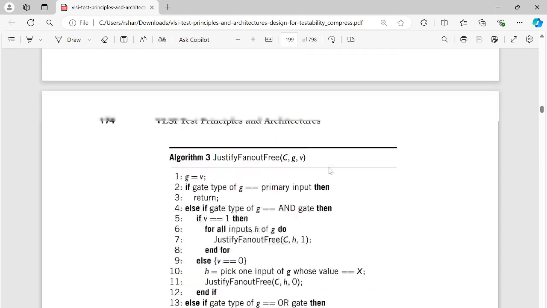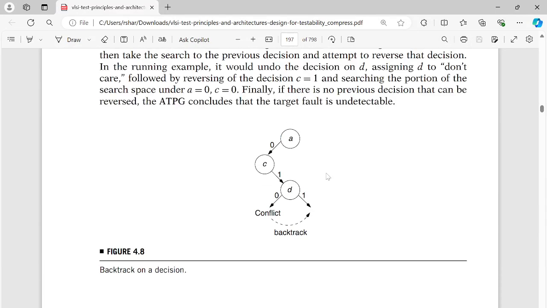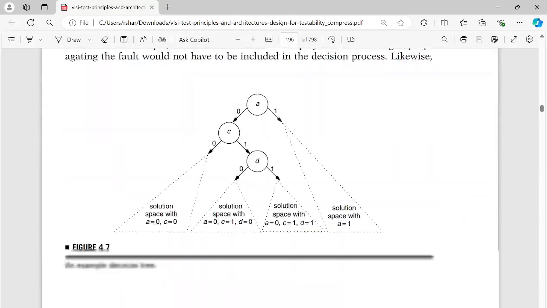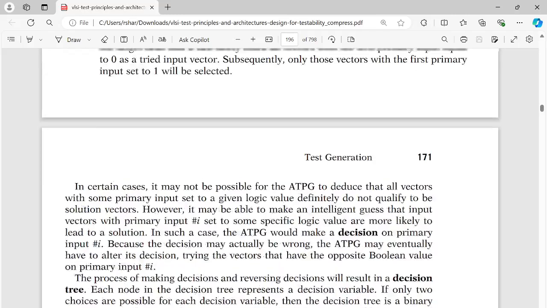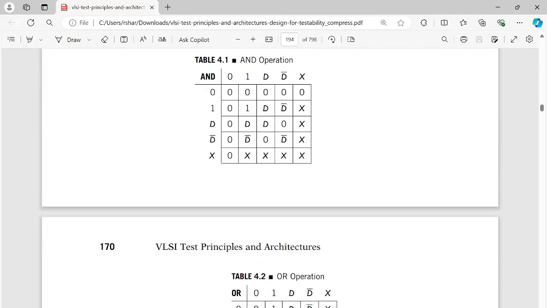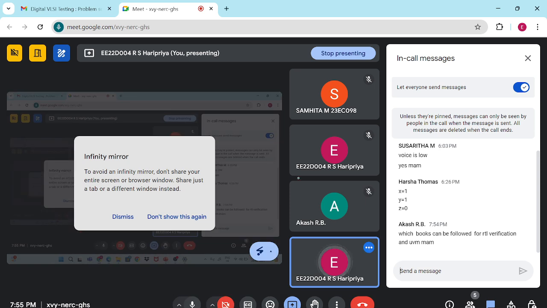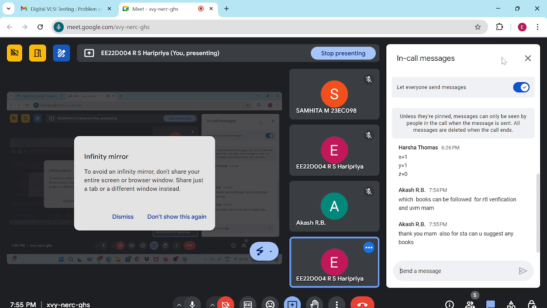I have also taken some of the questions from this book only. So you can see similar concepts, all the concepts. So for testing, you can follow this book. For verification, I am not sure. Static timing analysis, also I am not sure about the books.